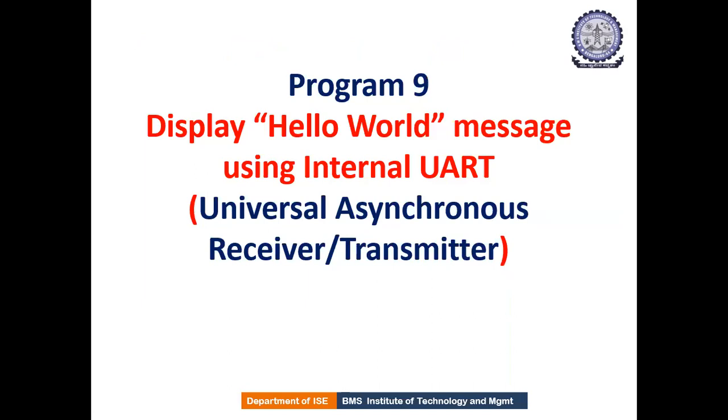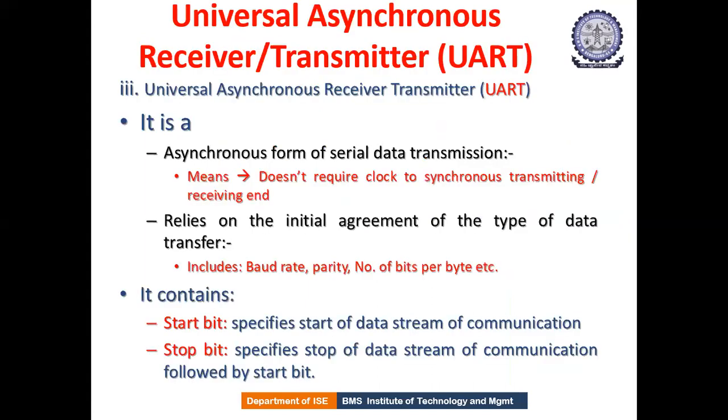About UART, we have studied in module 3 in detail in theory. As we have seen, it is asynchronous. Asynchronous means it is not dependent on the clock. When we are transmitting or receiving the data, it is up to the agreement between the transmitter and the receiver.